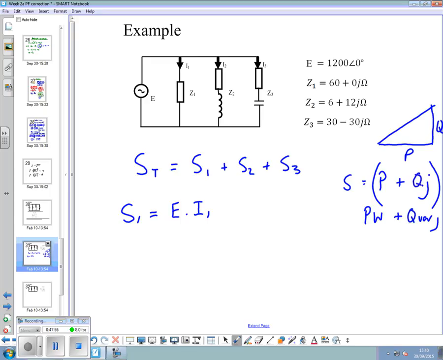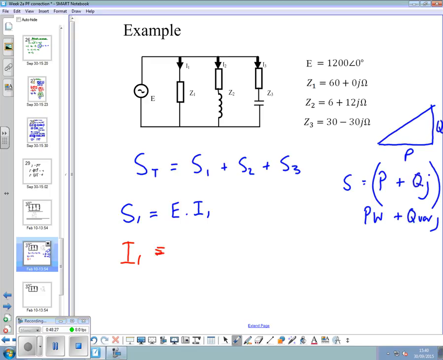I1's an unknown at the moment, so first of all we've got to find I1. E squared divided by R would be for S1, and we could use that, but with what we've got, that's the best way to find the apparent power.